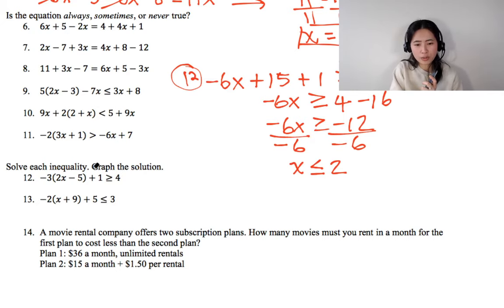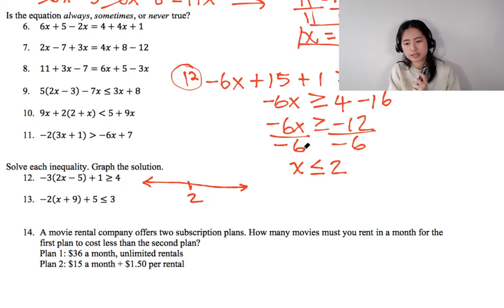Okay, so because we have to graph the solution, we're going to have a number line here, and 2 is right here because that's our x. So in that case, this would be less than or equal to 2. This is my question for you: are you going to include 2 or not? Because it's less than or equal to, 2 has to be included.